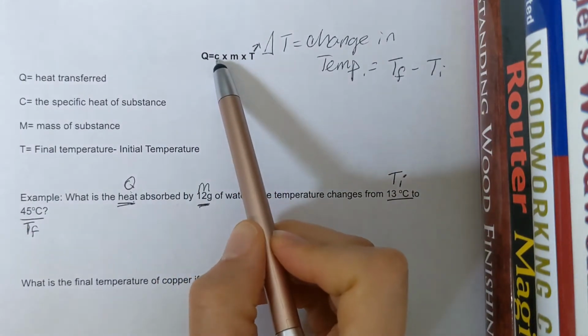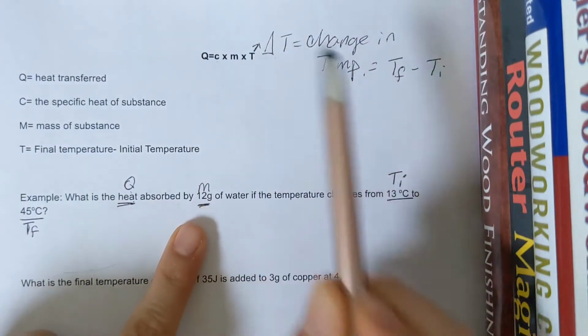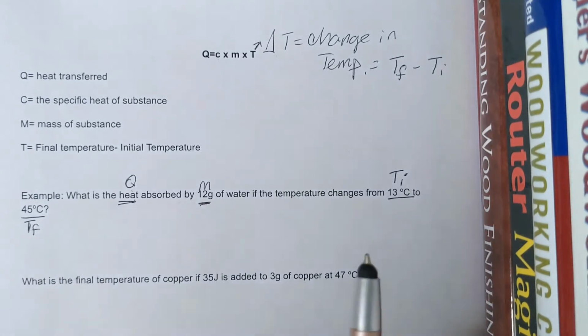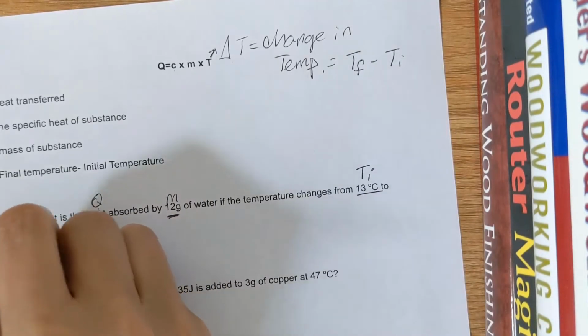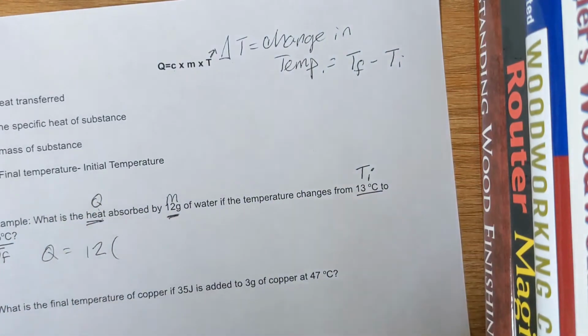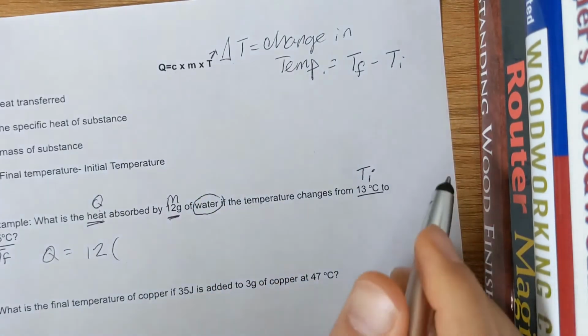C we're going to find on page 1 of your reference guide. M is 12. And your change in T is going to be your final, which is 45, minus your initial, which is 13. So Q equals 12. And we're talking about water, which is right here. And water has 3 different specific heats.